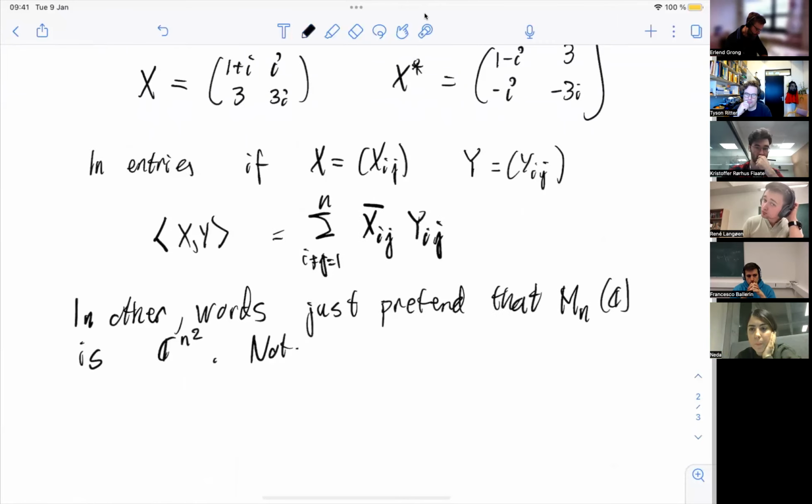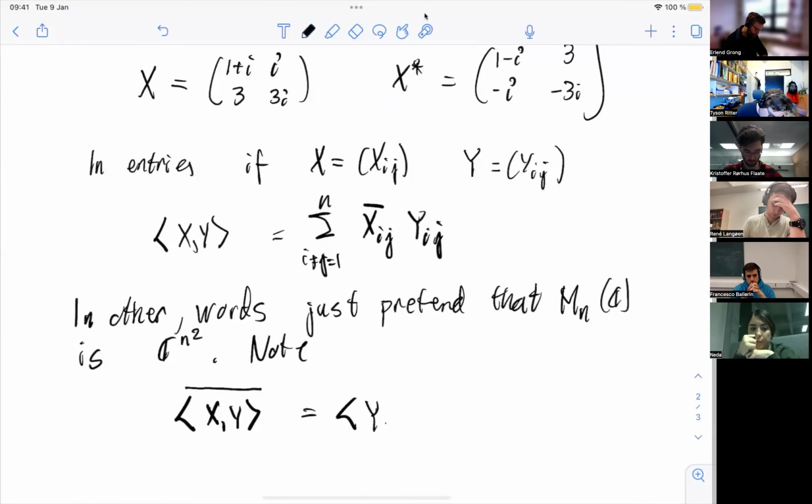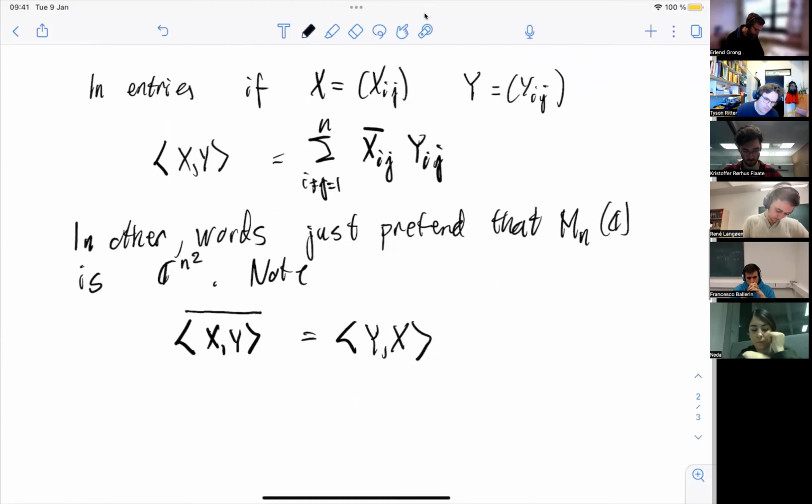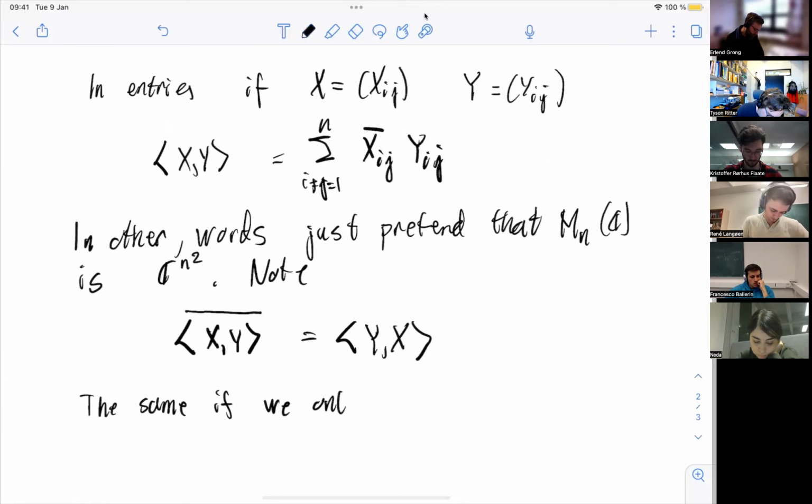So note, with this type of inner product, if I switch the entries, I get not the same, but the conjugate. But it's the same if we only restrict to real matrices.